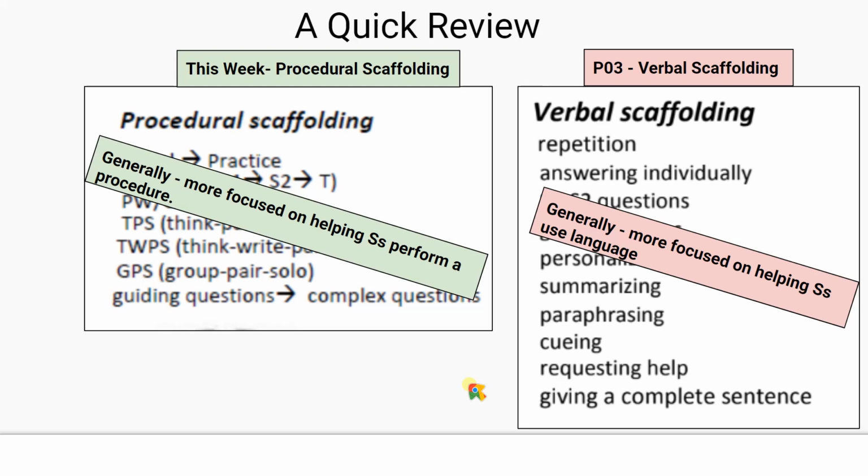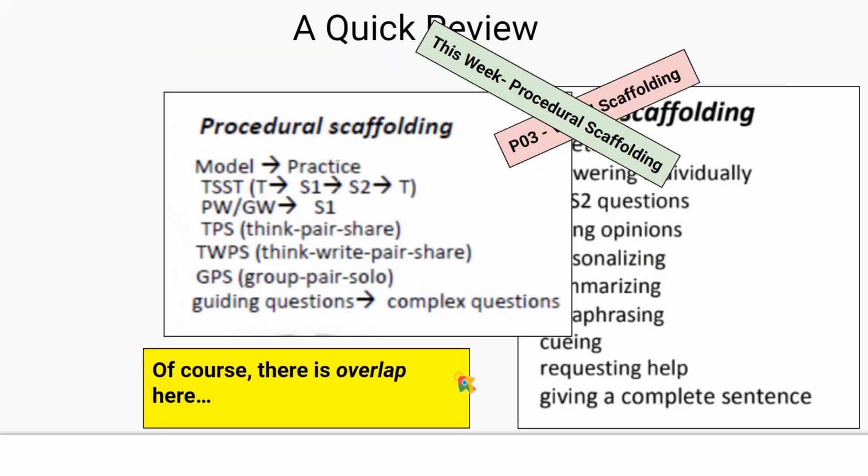You might have noticed that ThinkPairShare or GroupPairSolo or TSST, they're very much procedural interactions. So they're more about a process. But like I say, not a huge difference at all. There is a lot of overlap between these categories, so don't be confused. Scaffolding is important. It's important that you know what scaffolding is. Procedural verbal, not so much.